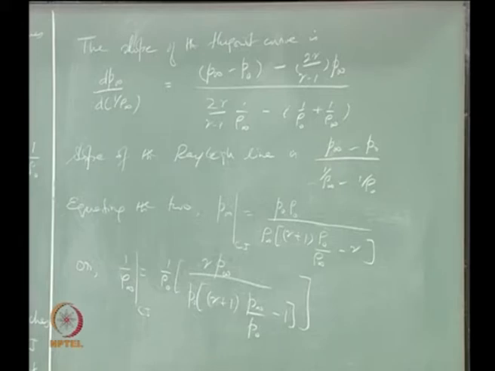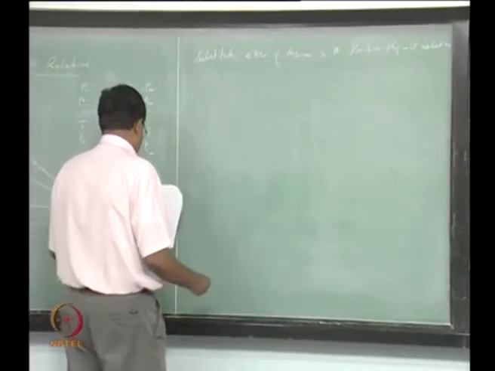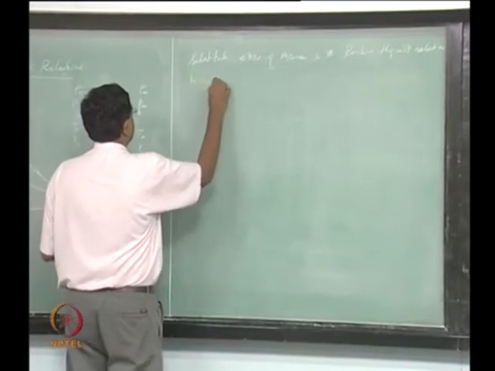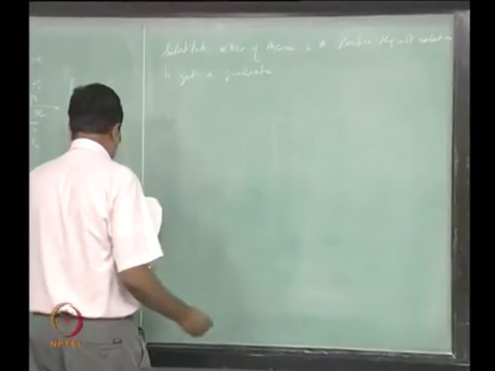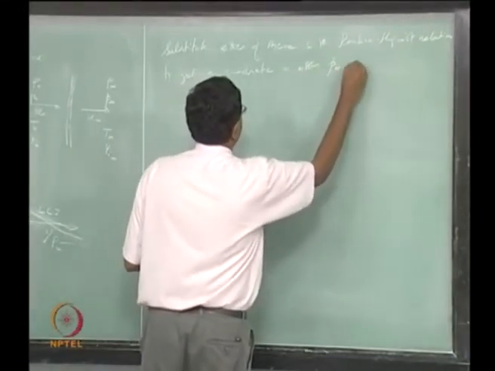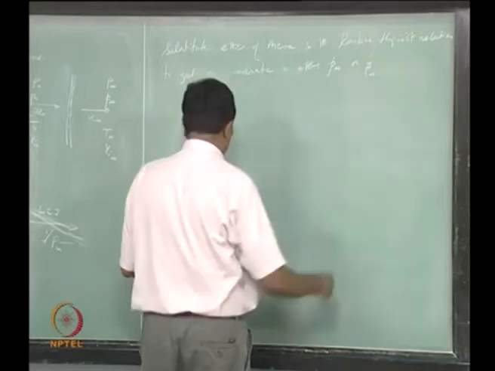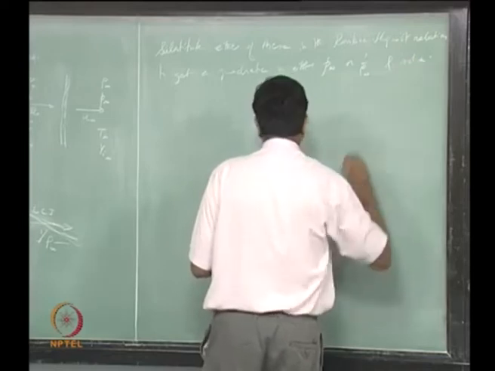So here, substitute either of these expressions in the Rankine-Hugoniot relation to get a quadratic in either P infinity or 1 over rho infinity, and solve the quadratic.